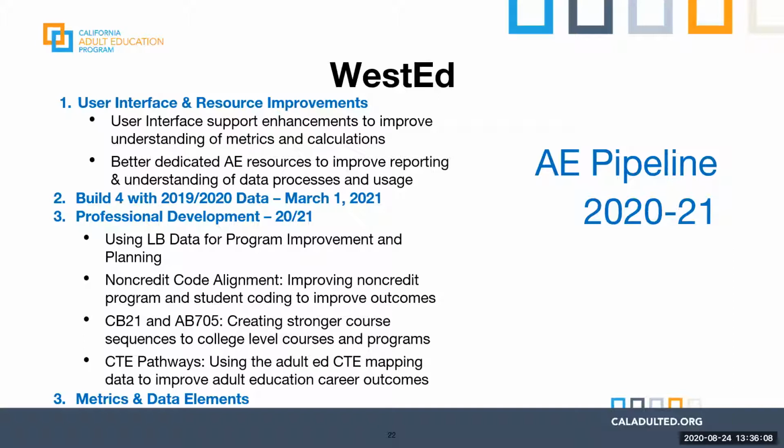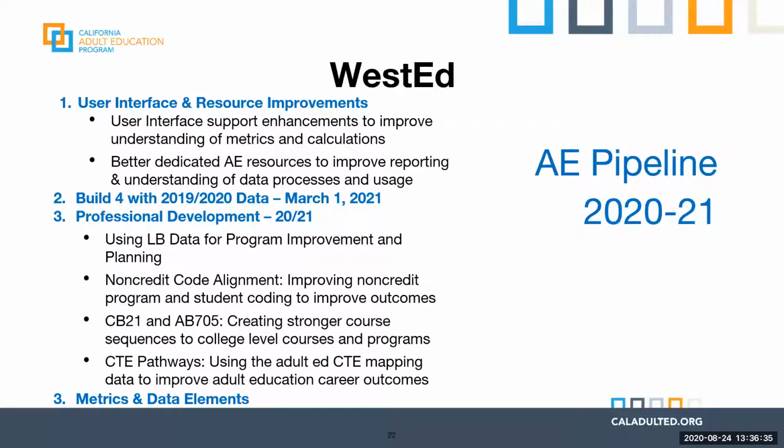Build 4, which will have the 2019-2020 program data, our target for that is March 1st, 2021. That coincides with the deadline for the submission of the end of year report to the legislature. We just want to be sure that the legislature and the LAO's office and the Department of Finance have full access to the data set and the data from the previous program year in line with that deadline.